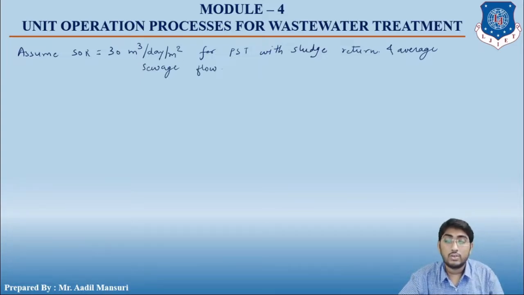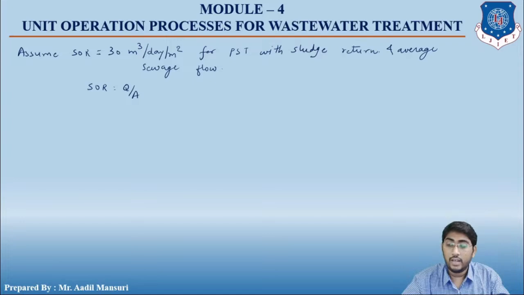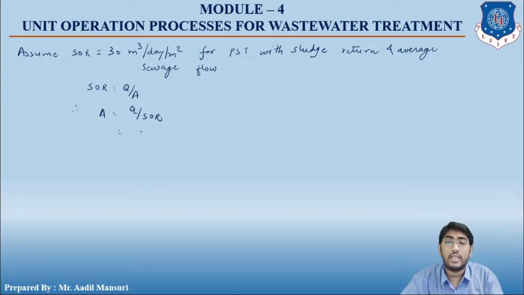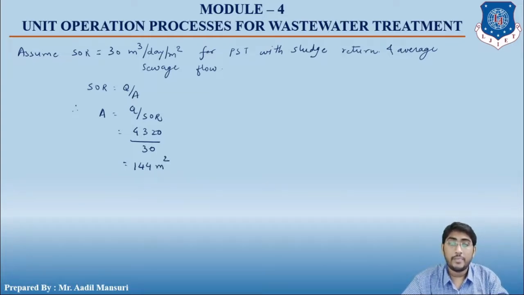Okay, so now we know that SOR is equal to Q by A, right? So therefore can we find out area? It will be Q by SOR, right? How much is the discharge? It is 4320 meter cube. Upon SOR we are taking it as 30, so we will get 144 meter square as the area. Understood, students?